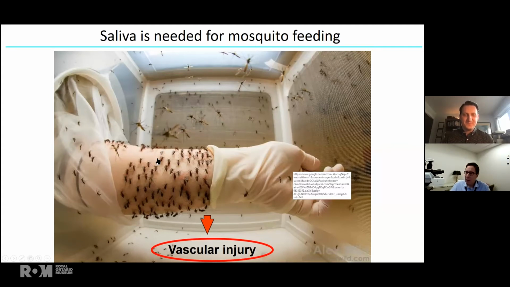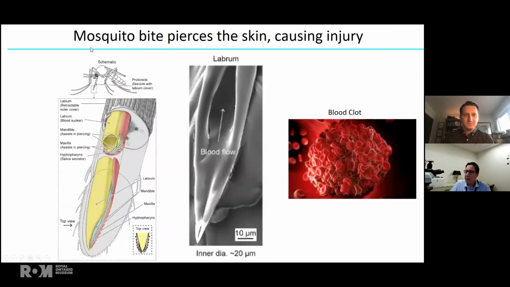But the important thing I wanted to mention is that when mosquitoes feed on blood, it's causing a little bit of injury. It's a micro injury. Sometimes it's imperceptible, but it's causing injury because it's piercing the skin, right? And how does that happen? Well, this is a schematic diagram of a mosquito.